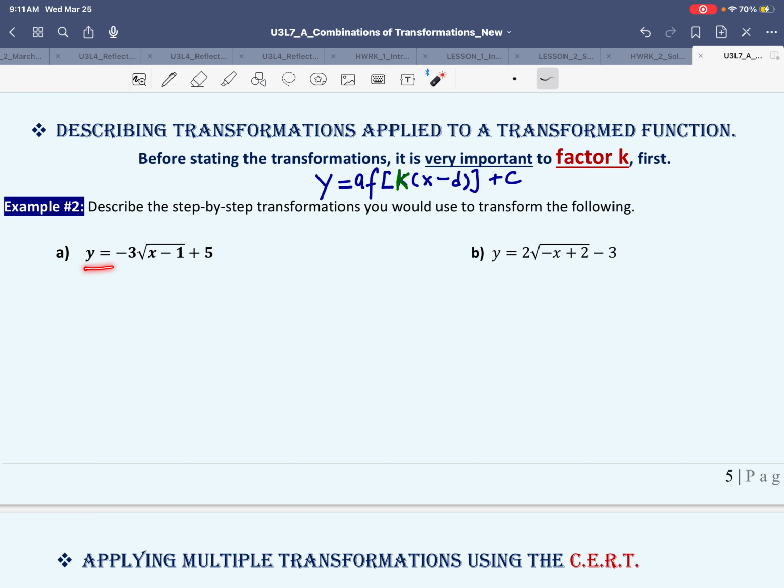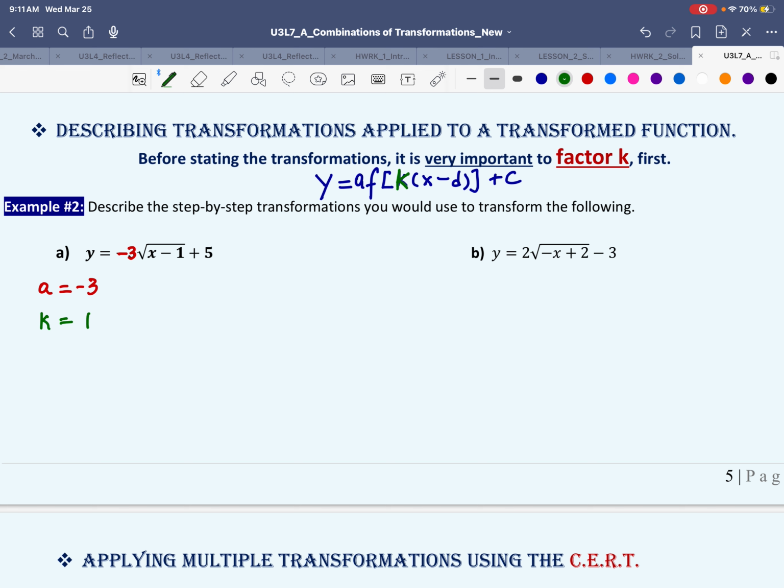So we're going to start off with the first one. We'll try to identify the coefficients first. I see that the coefficient a right here is negative 3, so we'll write the value of the coefficient first. I'm going to check and see if I need to factor out k. Now, because k here is 1, there is nothing that we need to factor.